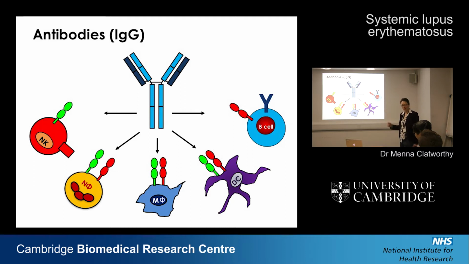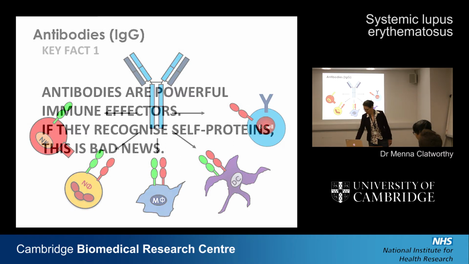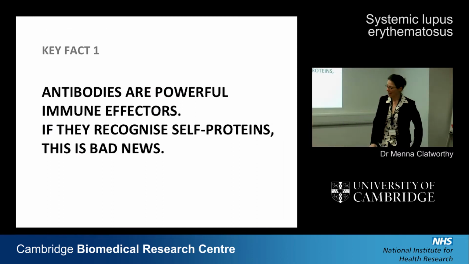So this is a really powerful way of switching on the rest of the immune system. So you can conclude from that that antibodies are not just effective because they can neutralize things by their variable domain binding, but because they can switch on complement and activate other cells via Fc receptors, they can really get an immune response and inflammation going.